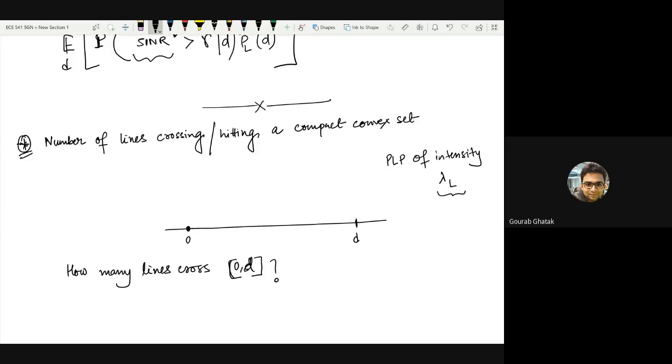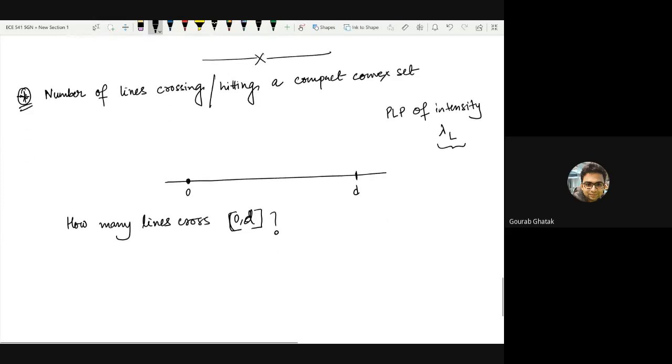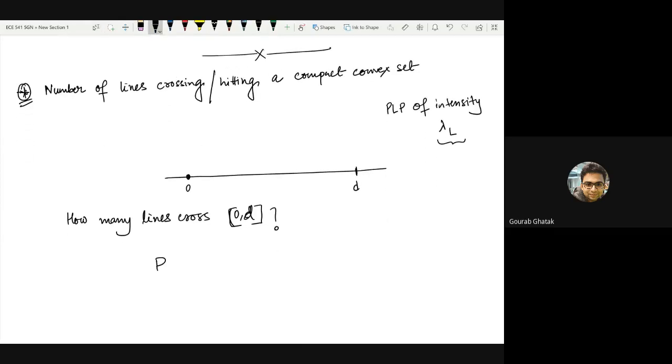That creates a network of lines which we call the Poisson line process. What we are interested in is the distribution of the lines that are crossing 0 to D. Can anyone tell me the probability that the number of lines equals n?